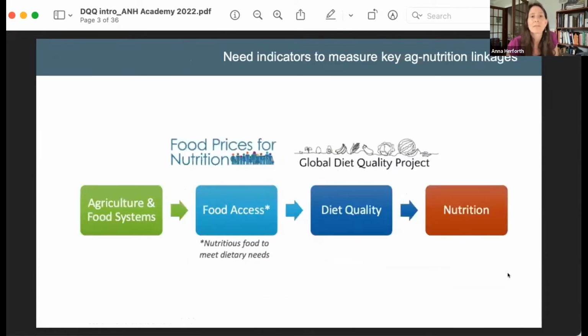This looks at one of the most common pathways between agriculture and nutrition: affecting access to nutritious food to meet dietary needs, which then affects diet quality, which then has an impact ultimately on nutritional status. We are trying to create tools that allow insights into this impact pathway and improve knowledge around designing agriculture interventions and food systems that improve nutrition.